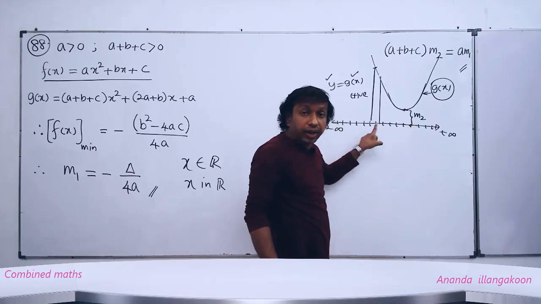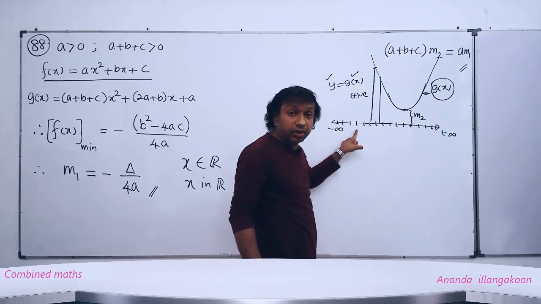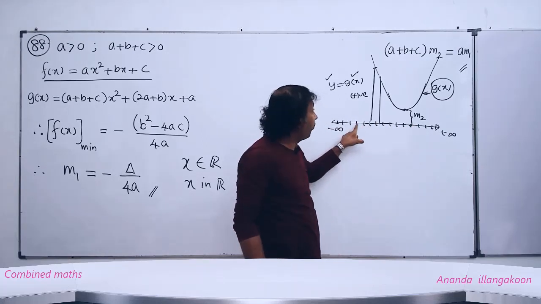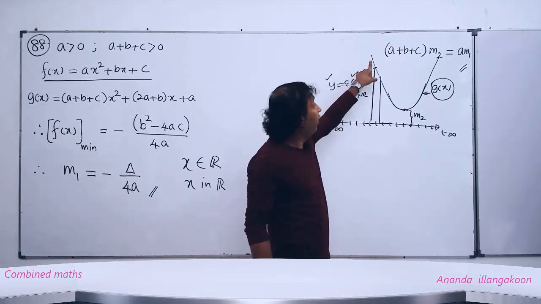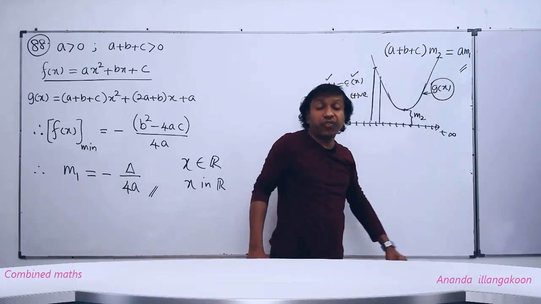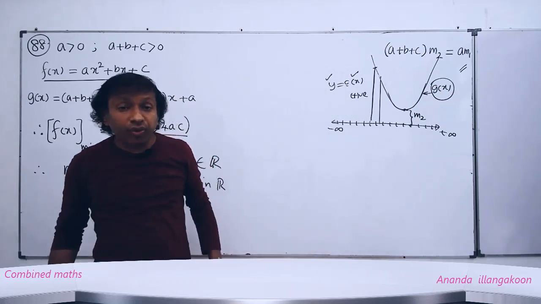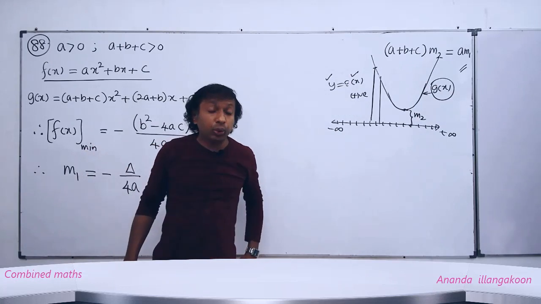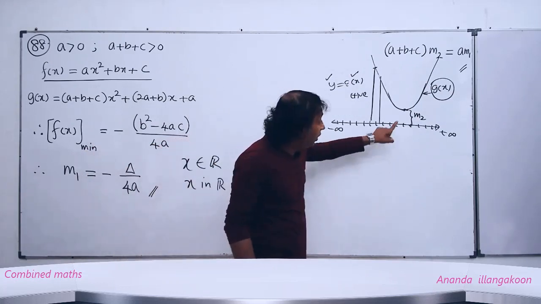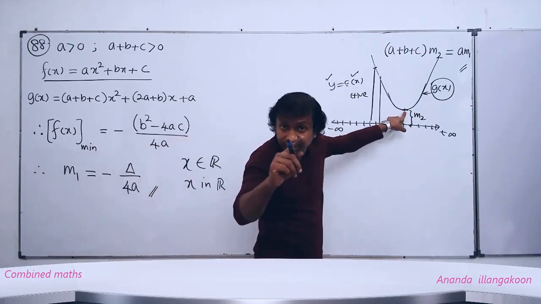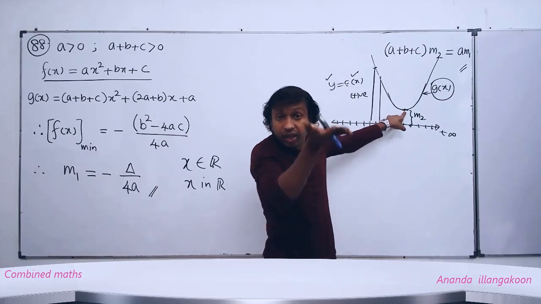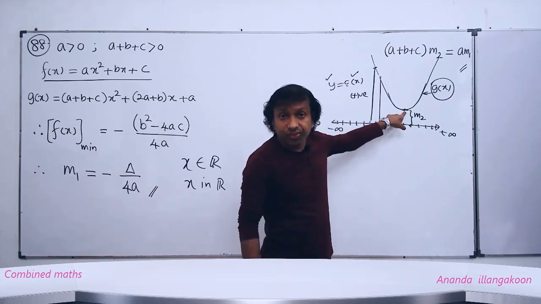At any real number, when you find the y coordinate of the graph, it is positive. For y coordinates to be positive like this, definitely the lowest point called the vertex should lie above the x-axis.